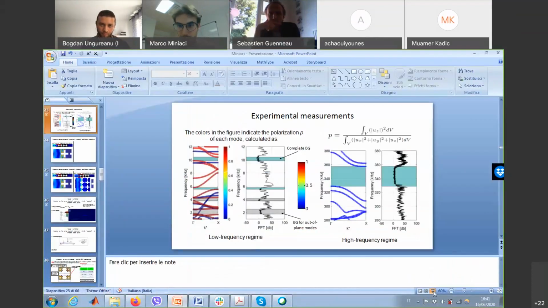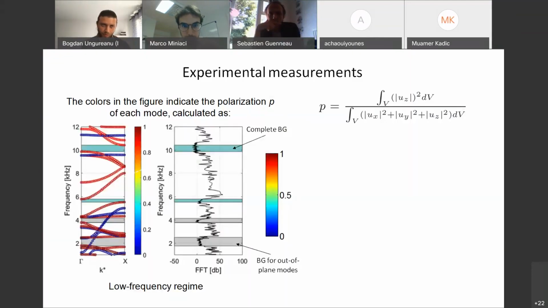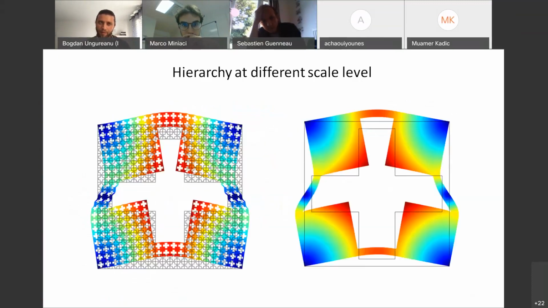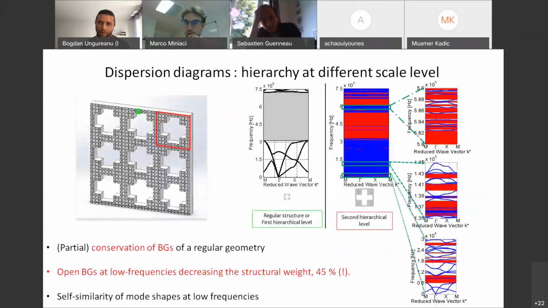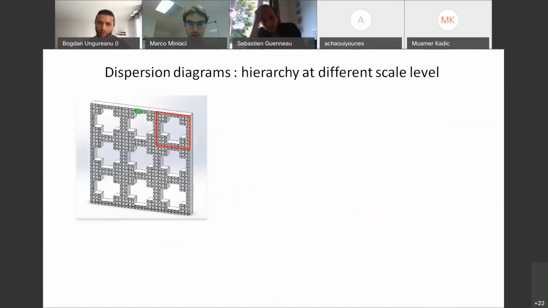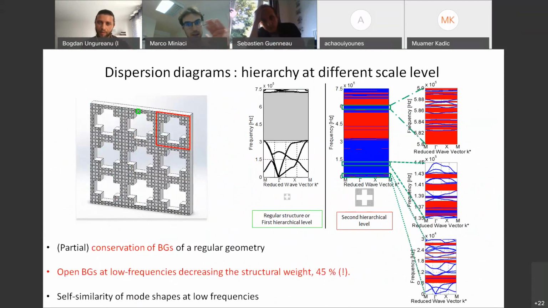So Bogdan, you were talking about the cross perforations you have in the plate, but the numerics, is it a time-dependent analysis? No. So this one, the dispersion curves, in this case are just linear elastic problems.